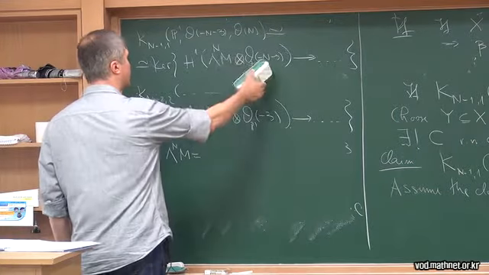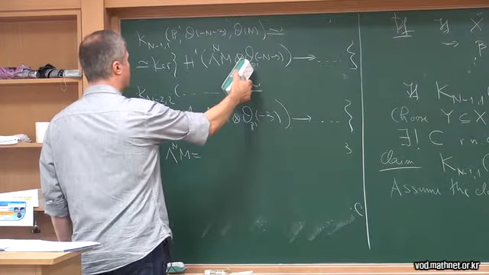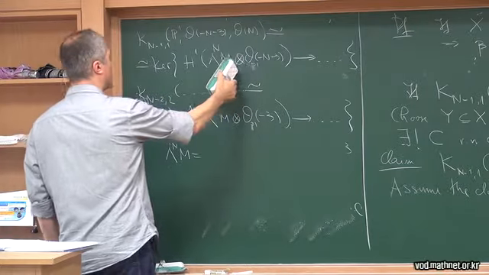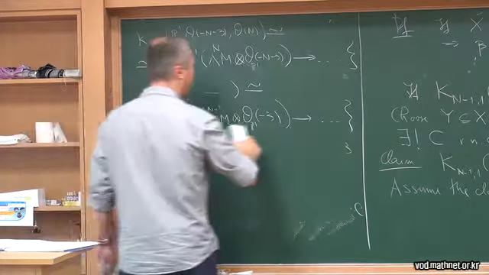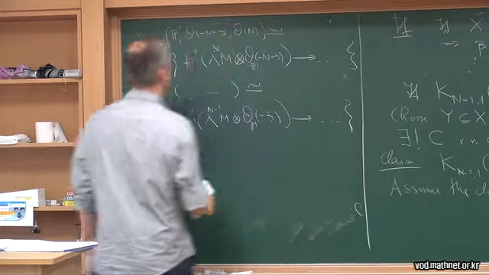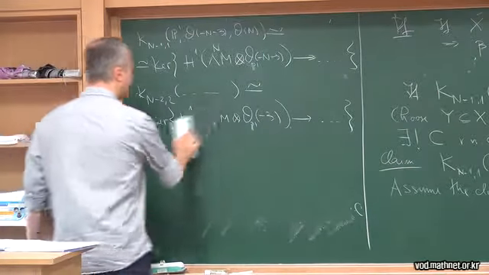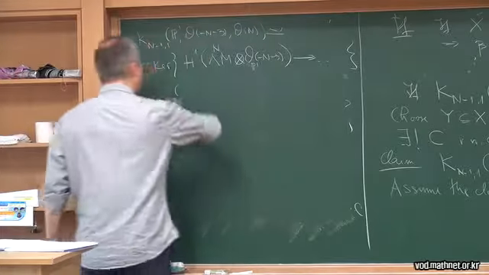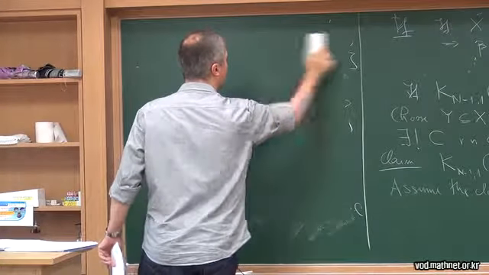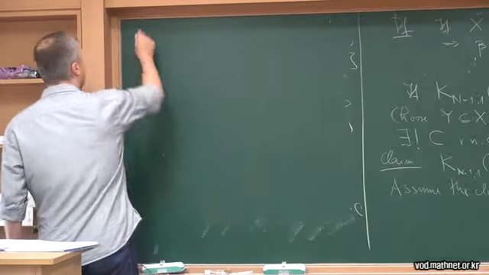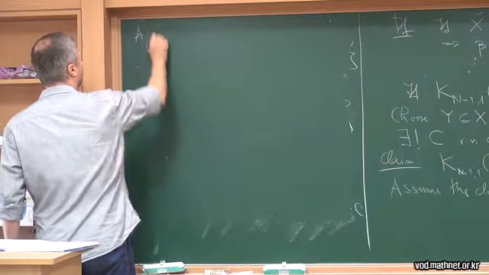I cannot prove the vanishing of H1 directly. I have to apply, so let me see. No, sorry, this is correct what I've written, but I cannot prove the vanishing of H1. So let me apply duality first.